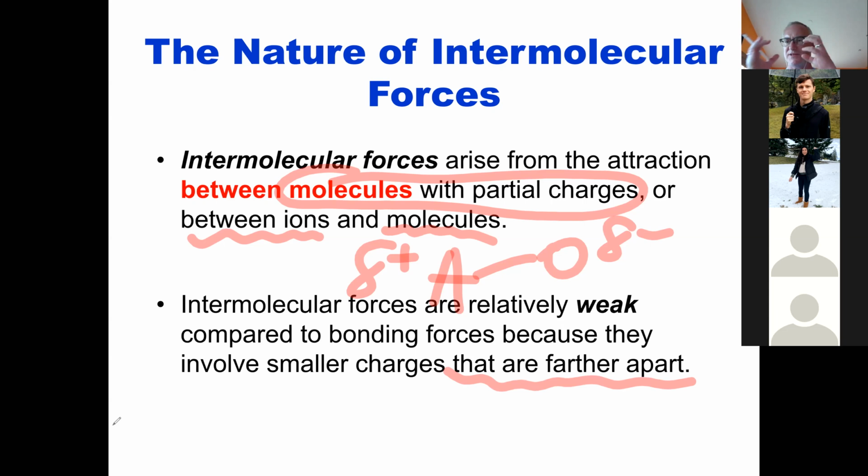When you have two atoms that are bonded to each other, they're really close to each other. Whereas when you have two molecules interacting with each other, they're much farther apart, like 5, 10, 15 times further apart. And any interaction that's that much further apart is going to be a lot weaker, okay?